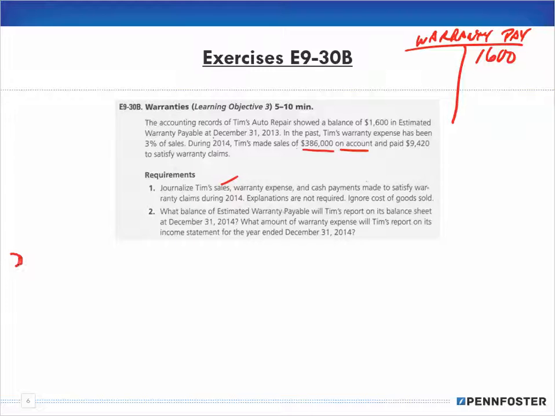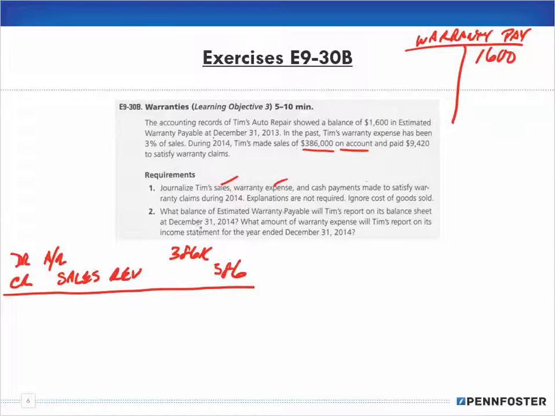Am I affecting cash? No. Am I affecting accounts receivable? Yes. So I debit accounts receivable for the 386,000 and I credit my sales revenue for the 386,000.